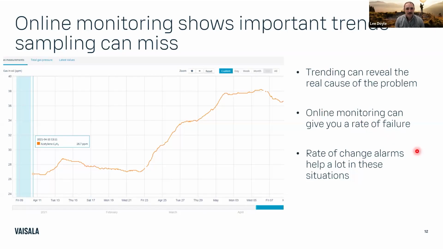In this particular example, it was a transformer that had through faults coming in, and you could see that it already had high acetylene levels, which anyone on here who monitors transformers knows, 26 or 27 ppm is very high, right?